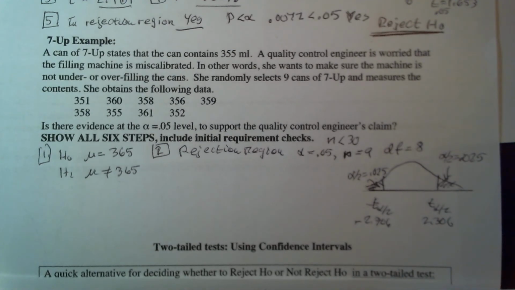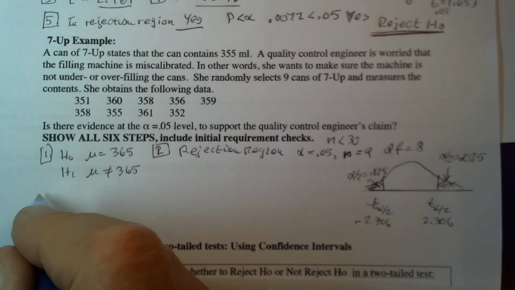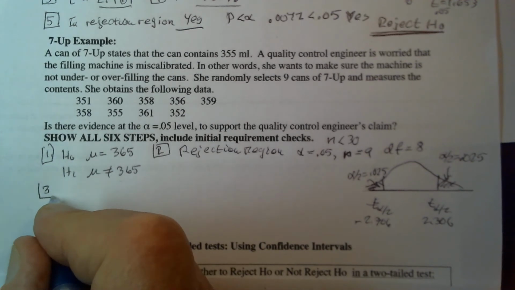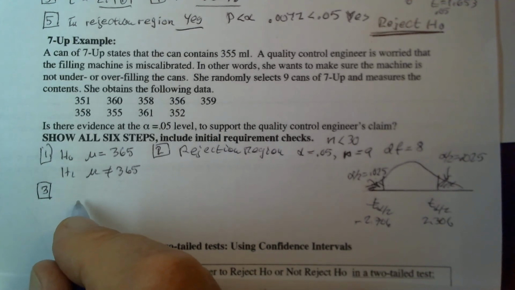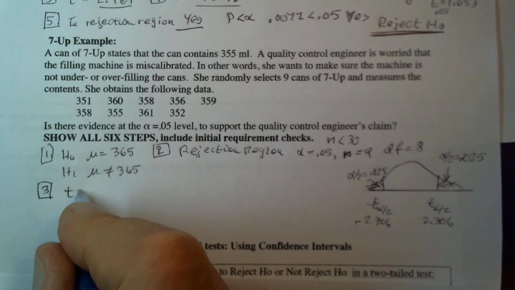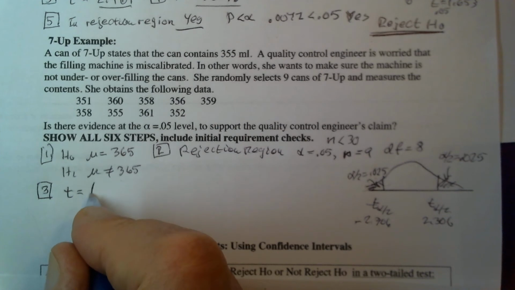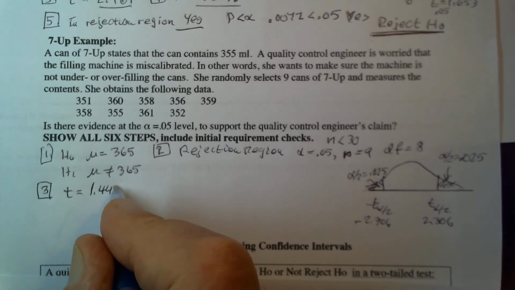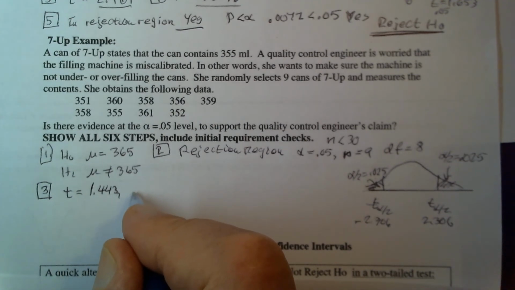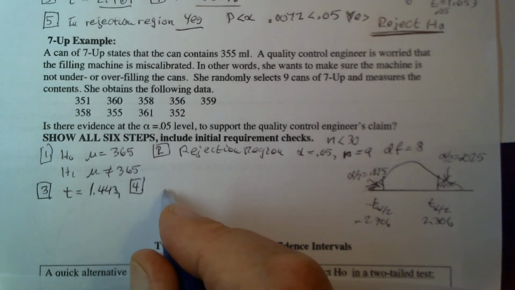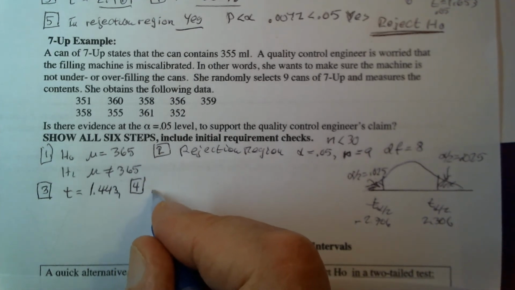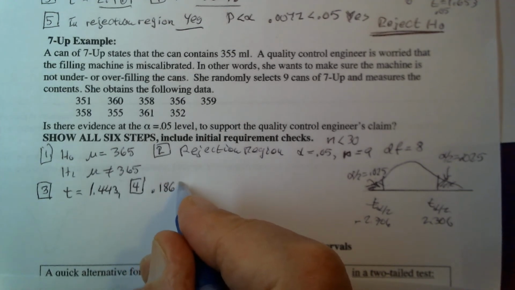These are our critical values. Now when we do our test statistic for t, using technology, the test statistic is equal to 1.443, and our p-value, again using technology, is 0.1869.